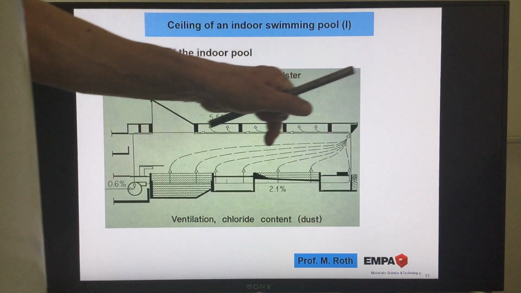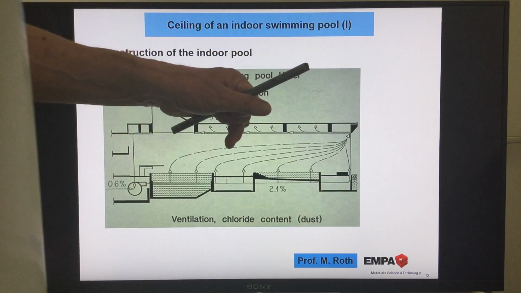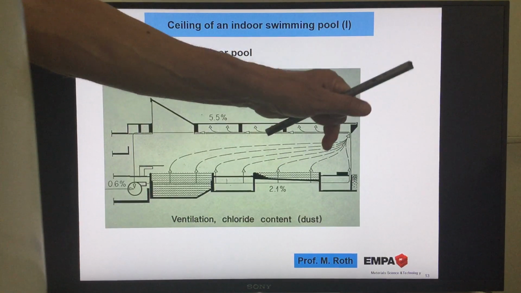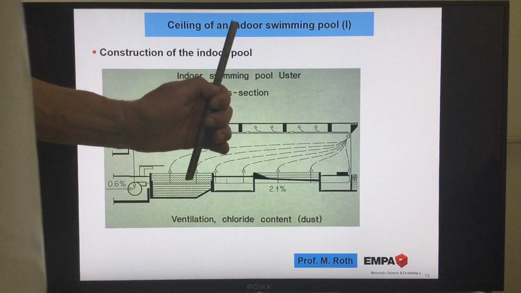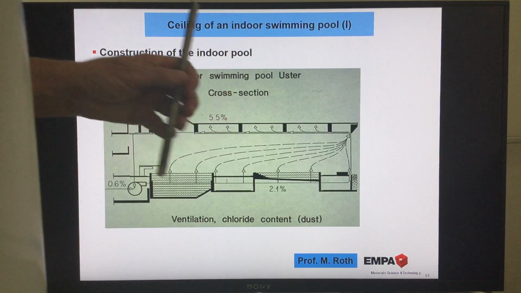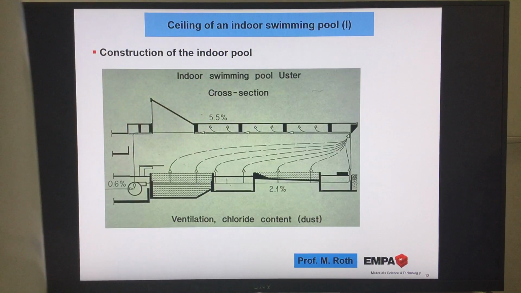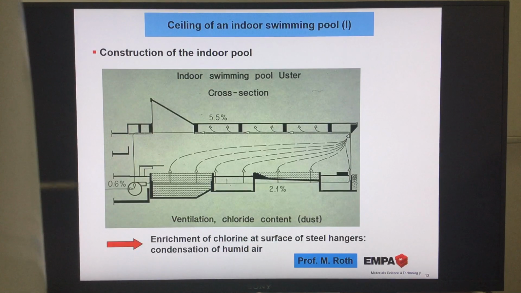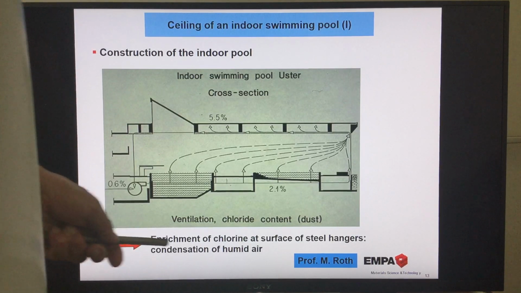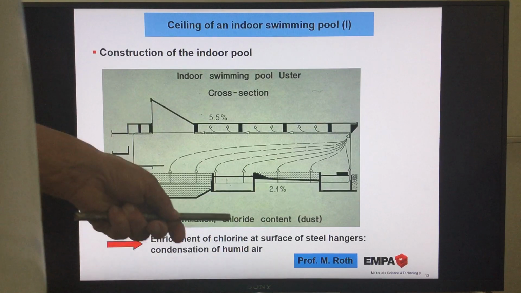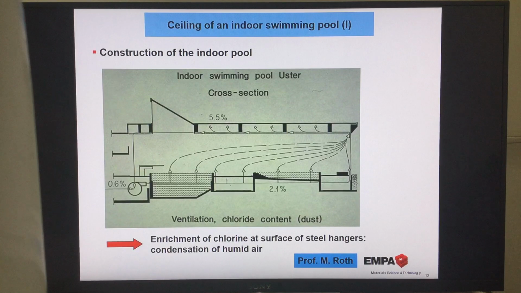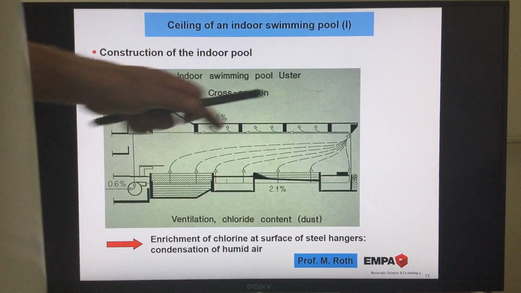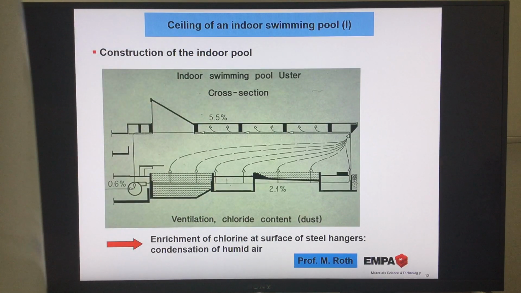This humid air is not really hot, but it is all the time humid and warmer than this cold metal in winter. So all the time condensation of humid air takes place, and the humid air contains chlorine. So that is a reason why the chlorine is brought there and then is attached there.